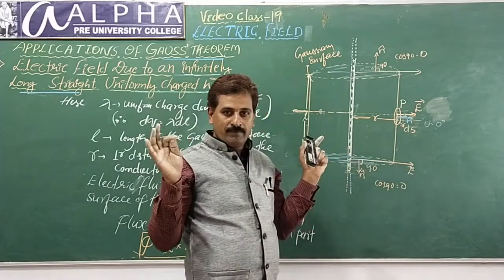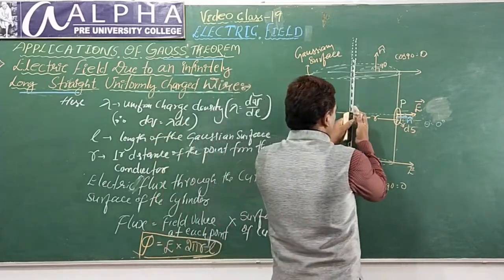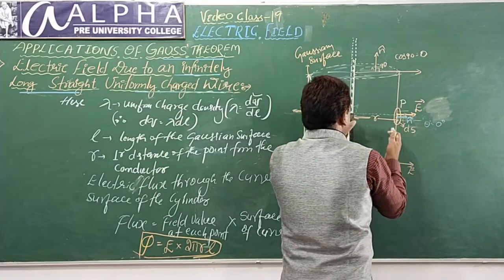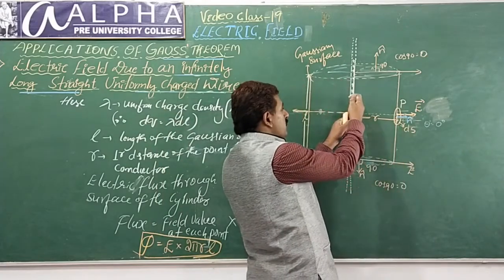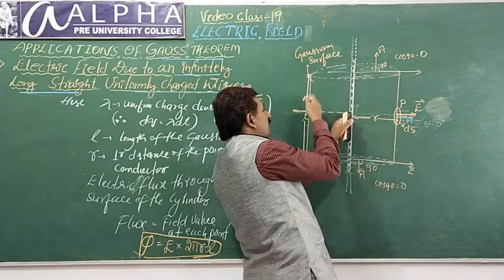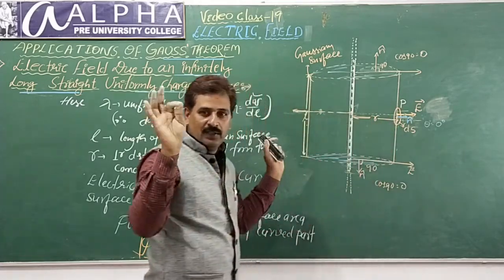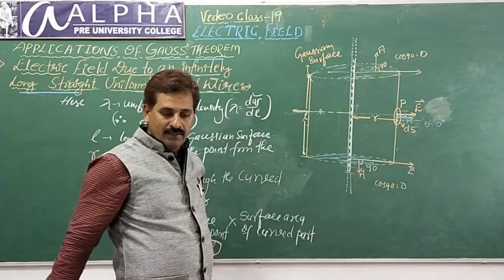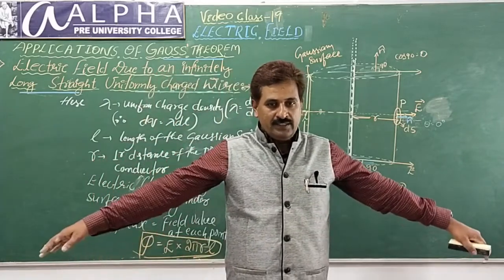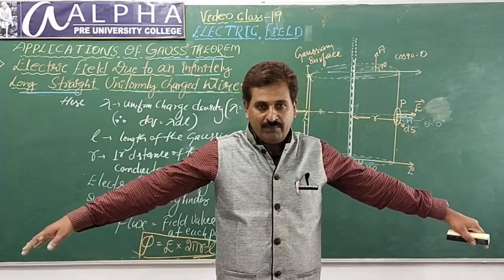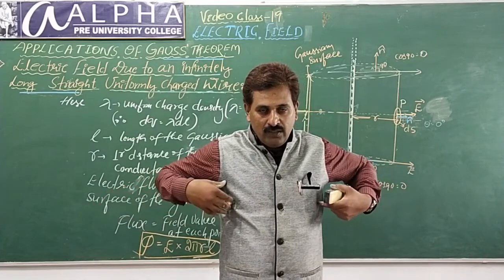This is symmetry. Every point on the right of the cylinder corresponds to a point on the left surface of the cylinder at the same distance. So the electric field value remains the same. That is symmetry. See, if I stand like this, my hands are symmetric with respect to the body.